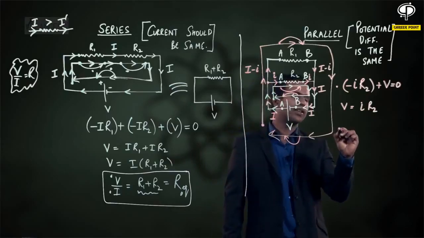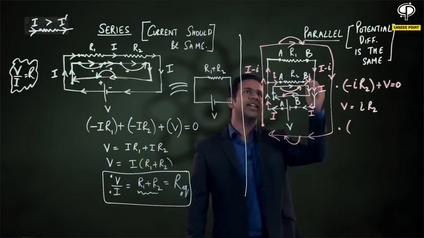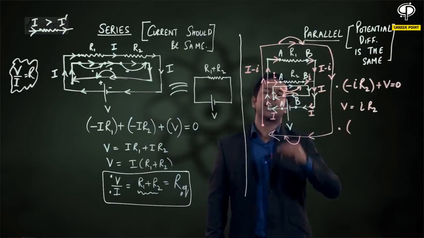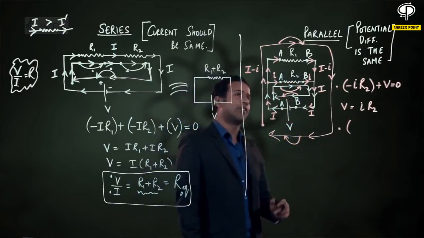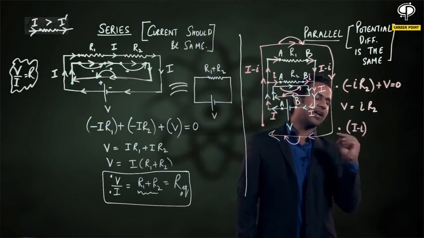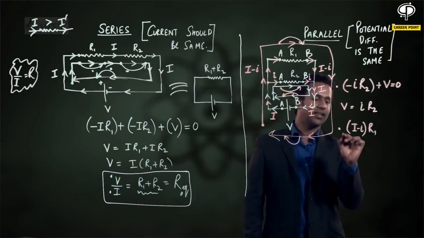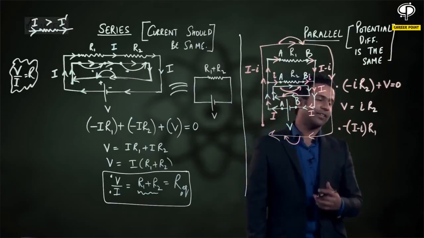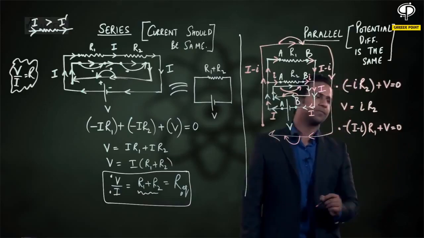So for the second equation, we get the first term would be, again you see, direction of motion in the loop and the direction of flow of current are the same, so the potential difference is negative. So the first term becomes capital I minus small i, the current, into the resistance, which is R1, and there has to be a negative sign because the potential difference is negative, plus V is equal to 0.